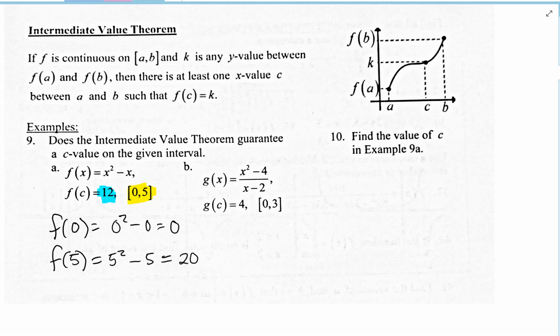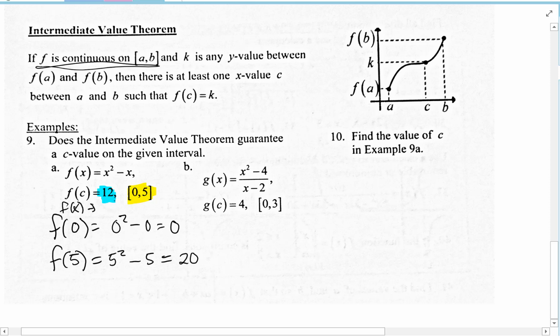But here's the thing in calculus. In order to use a theorem, I must express the conditions. And the conditions are that f has to be continuous on the interval a, b. So I must write that somewhere. Is f of x continuous? Yes, it is. Why? How do we know that? Because it's a polynomial.